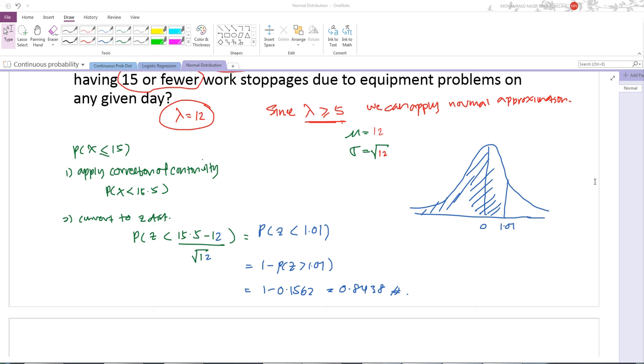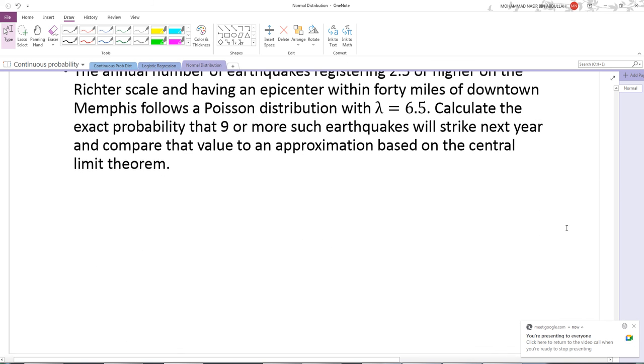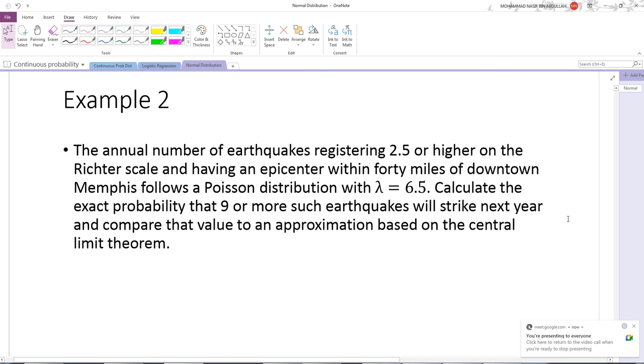Right, let's look at the last example. The annual number of earthquakes registering 2.5 or higher on the Richter scale and having an epicenter within 40 miles of downtown Memphis follows a Poisson distribution with lambda equal to 6.5.